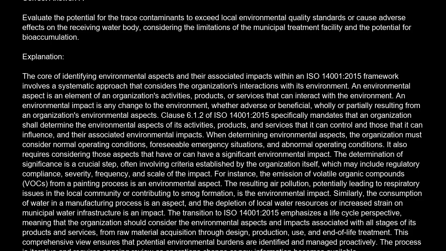When determining environmental aspects, the organization must consider normal operating conditions, foreseeable emergency situations, and abnormal operating conditions. It also requires considering those aspects that have or can have a significant environmental impact. The determination of significance is a crucial step, often involving criteria established by the organization itself, which may include regulatory compliance, severity, frequency, and scale of the impact.